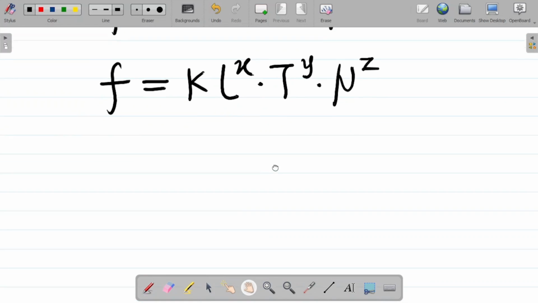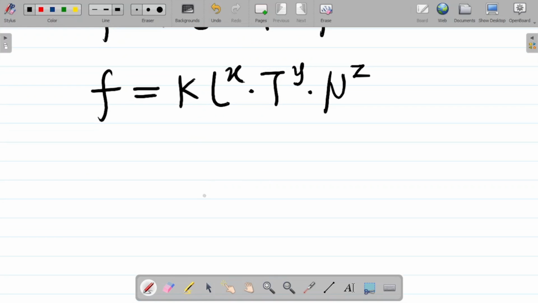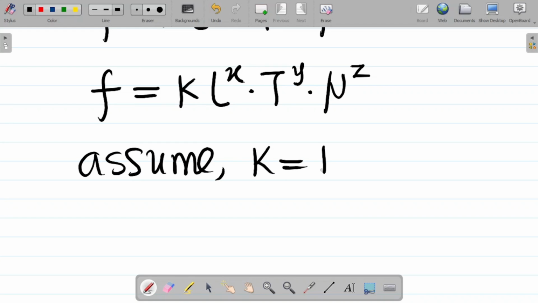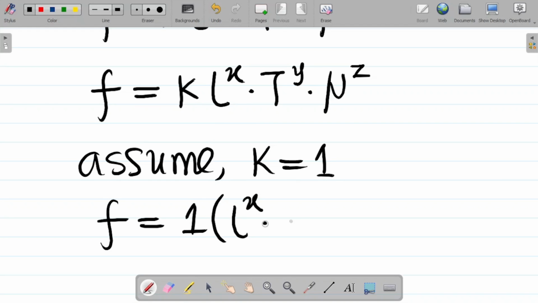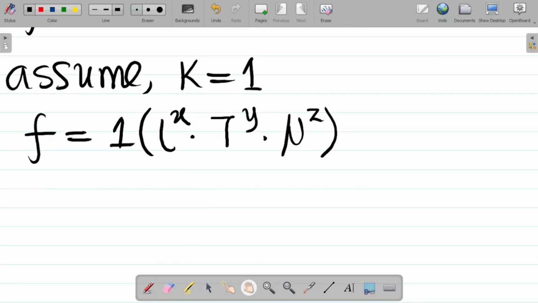So we have this. All right, at this point here, your next task will be, we'll assume that k is equal to 1. If k is 1, what does it mean? This becomes f is equal to 1, which is k, into L to power x dot, T to power y dot, mu to power z, and anything multiplied by 1 is that same thing.